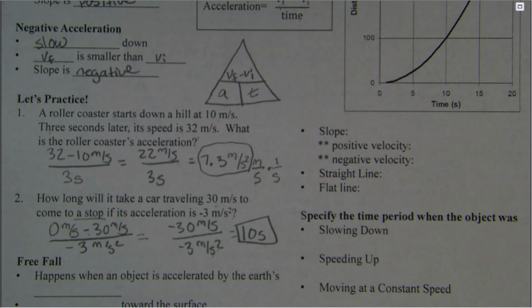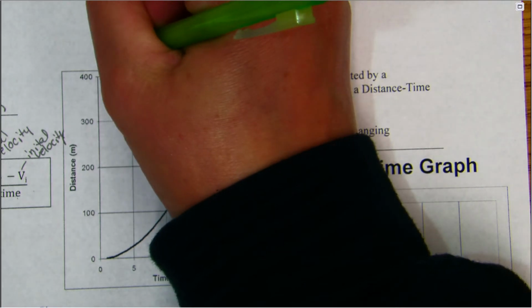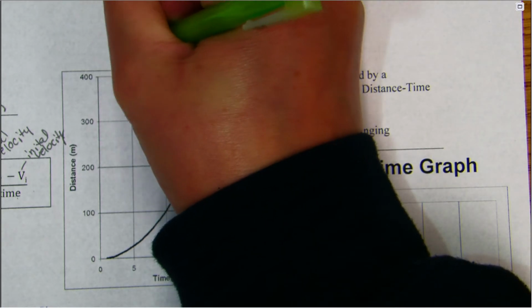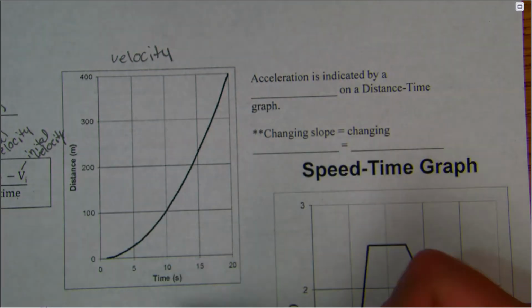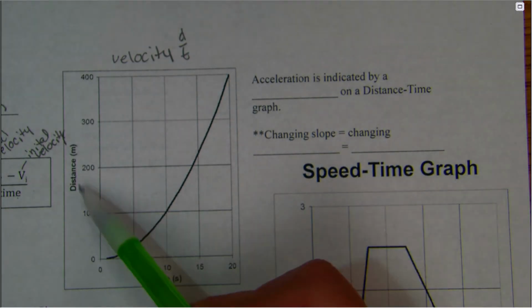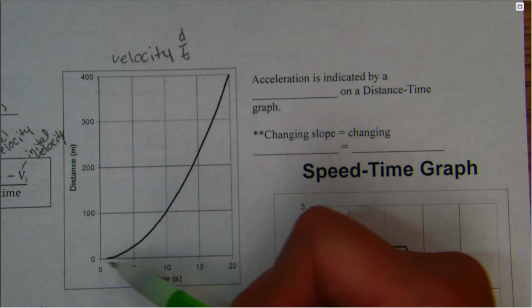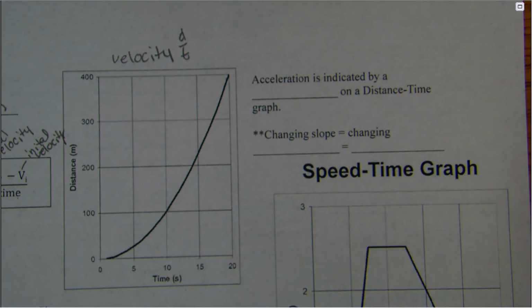All right, so let's take a look at this in terms of a graph, just like we looked at velocity in terms of a graph. So let's do a quick review. Velocity, this is a velocity graph. And I know that because velocity is distance divided by time. Now, when my distance versus time is not a straight line, it is a curve, that shows acceleration.